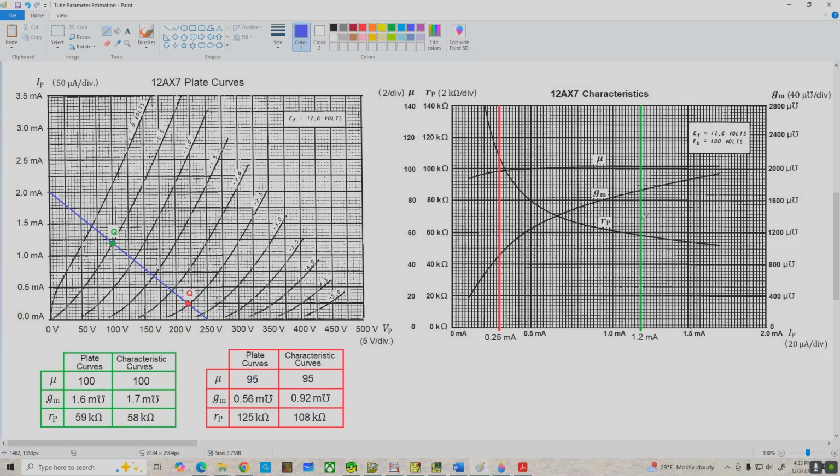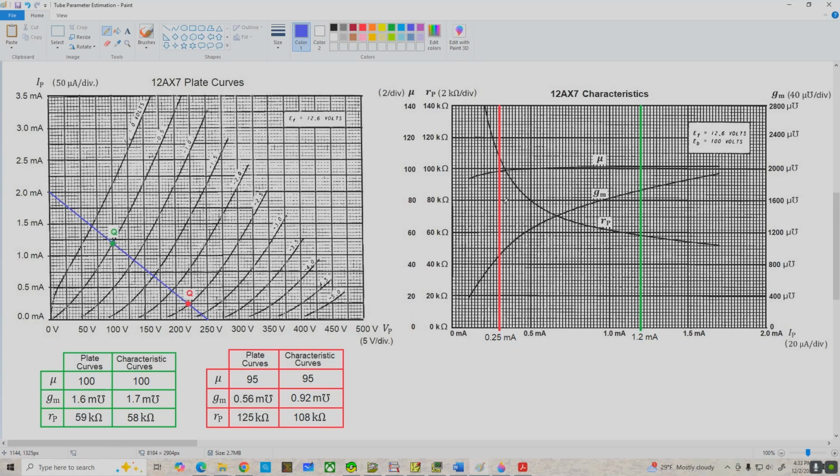If we go up a little bit further, we intersect the transconductance curve at about 1.7 millimhos, and we'd use this scale over here. It's marked in micromhos, but that's the same thing. And that's in good agreement with the value we derived from our plate curves of 1.6 millimhos. And finally, if we keep coming up, we hit the mu curve, and that's got a value of about 100, which we also calculated based on our Q point and the plate curves.